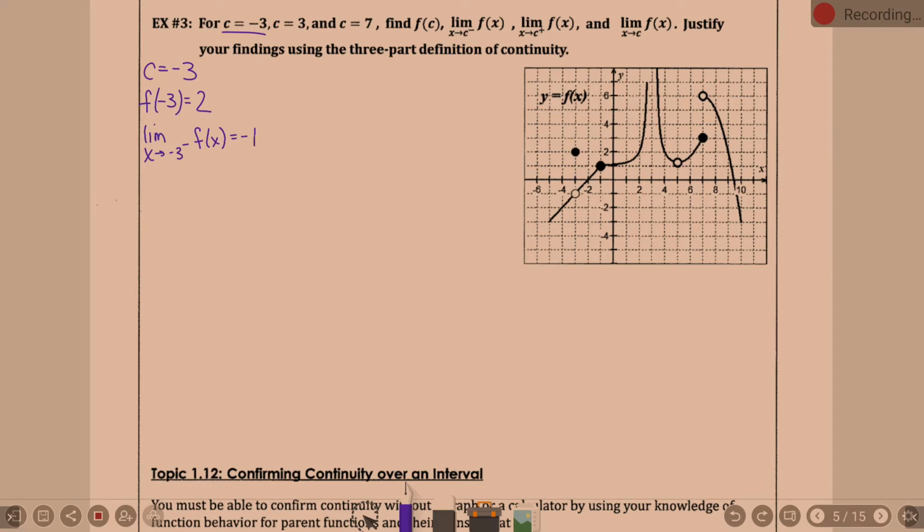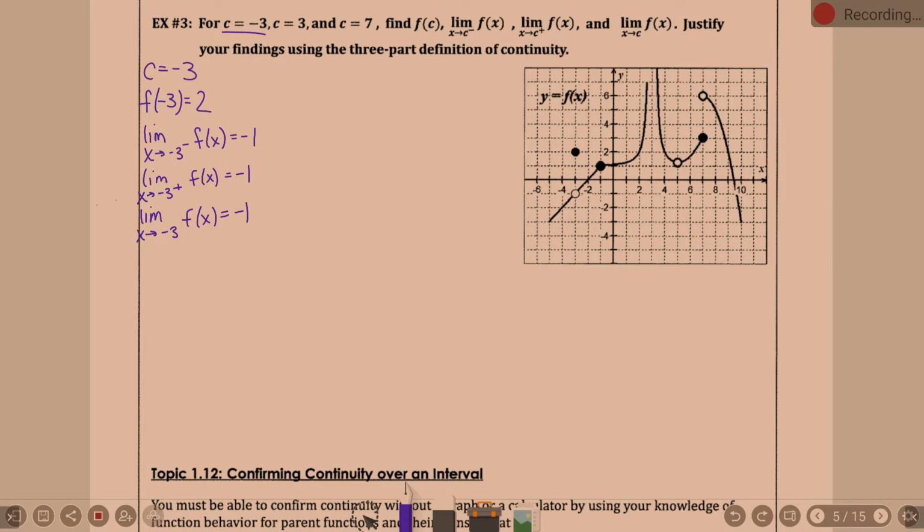Yeah. And then the limit as x approaches -3 from the right of f of x is -1 as well. So what does that mean about the limit as x approaches -3 in general? It is -1. Now, we found all the pieces required.